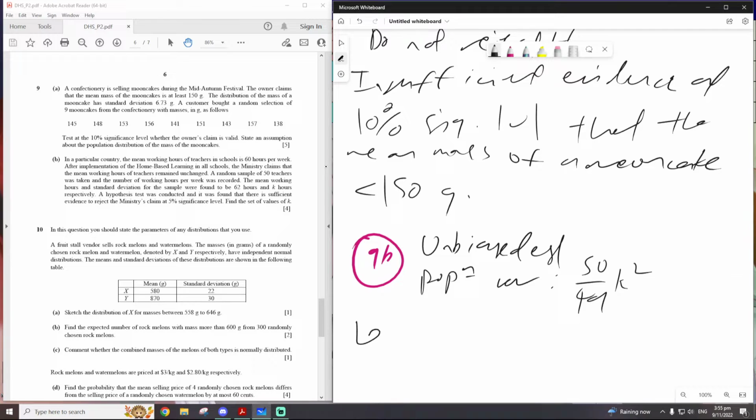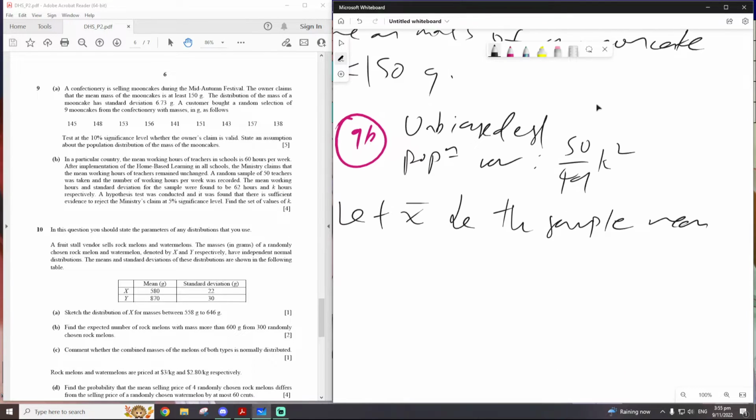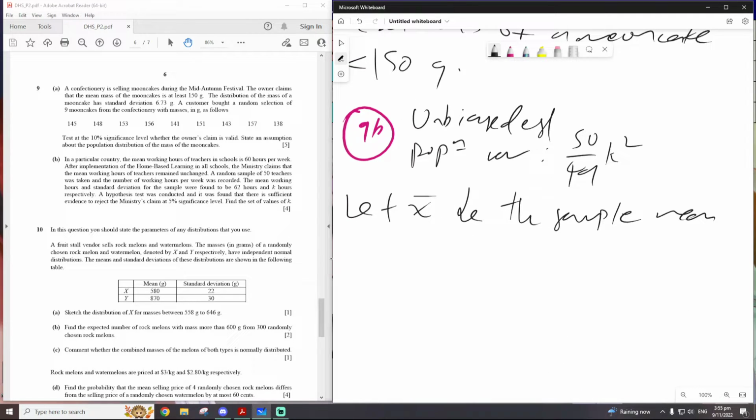In this case, let x bar be the sample mean. Okay, I should define my hypothesis symbols again, but let me do that in a bit. Working hours per week.